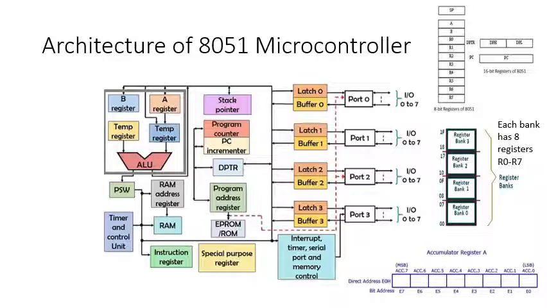Let us now discuss the ALU. ALU is an 8-bit unit. It performs arithmetic and logical operations such as addition, subtraction, multiplication, division, increment and decrement. It performs logical operations like AND, OR, XOR.